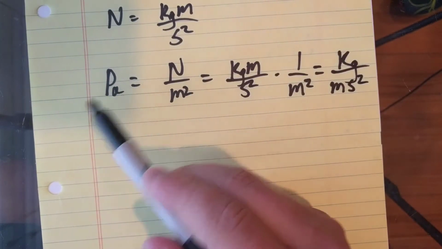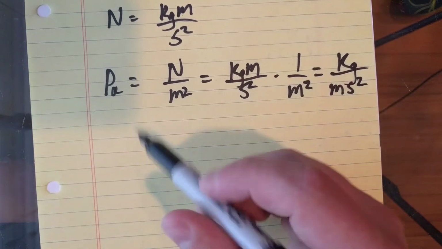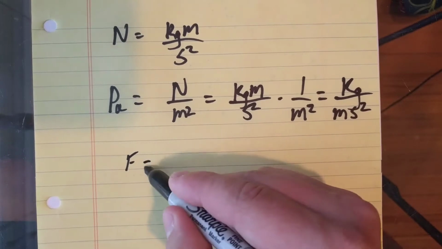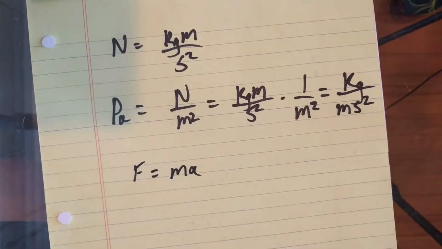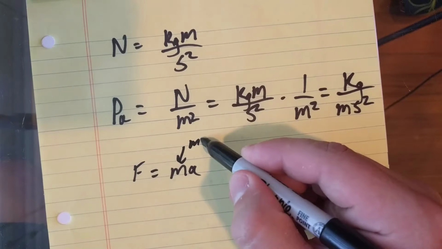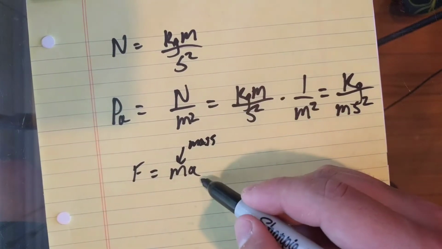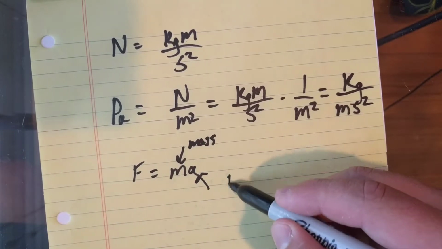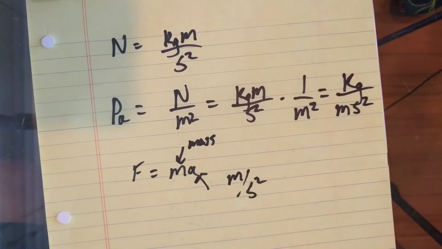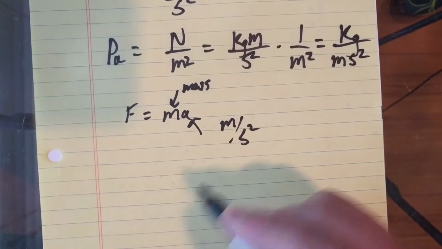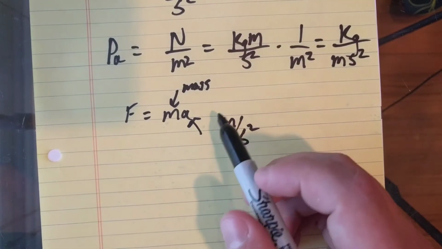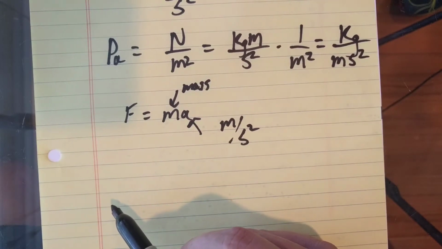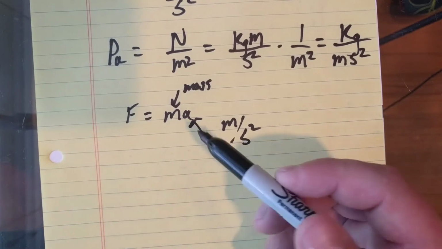If you ever get confused about what a unit is, you can always look at, so how do I remember that Newtons are kilograms meters per second squared? Well, F is equal to ma. M being mass, it's in kilograms. A being the acceleration. Acceleration is meters per second squared. It's the rate of change of the velocity, right?